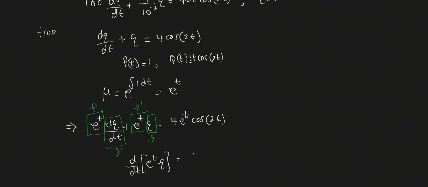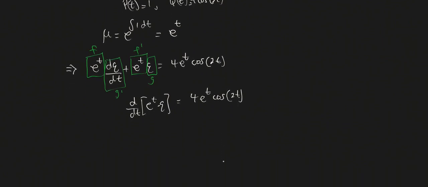And then we have our 4 e to the t cosine of 2t function on the right. So we have to integrate both sides, right? And then we end up having e to the t times q is equal to the antiderivative of 4 e to the t cosine of 2t with respect to t.